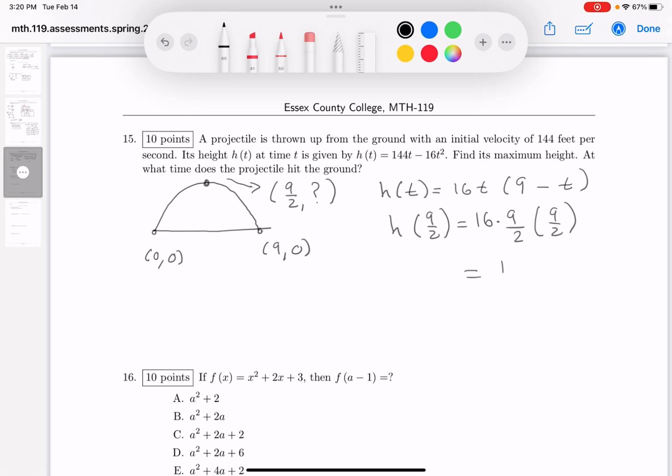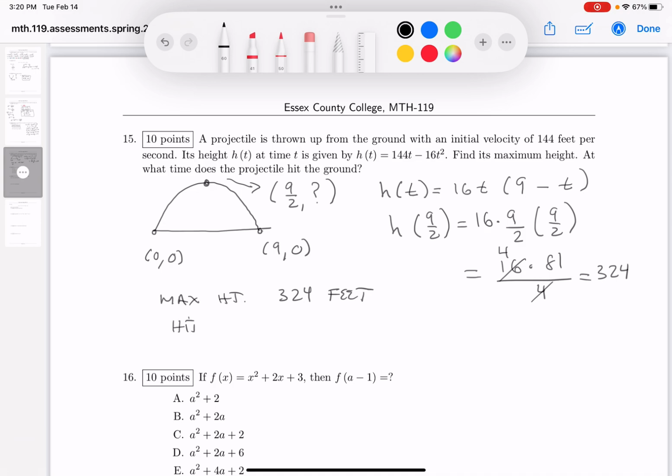What do you get there? You get 16. 9 times 9 is 81. 2 times 2 is 4. 4 goes into 16 4 times. 4 times 81 is 324. So the max height happens at the vertex, and it's 324 feet.